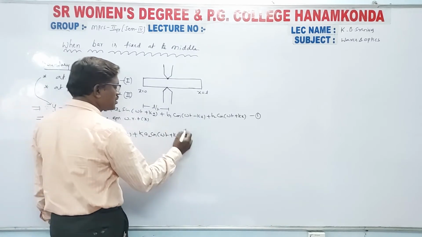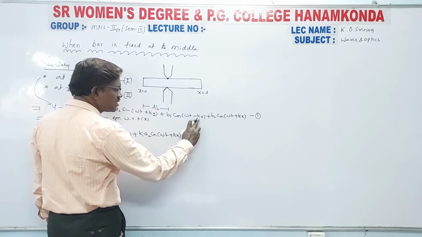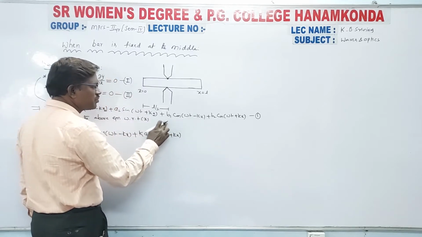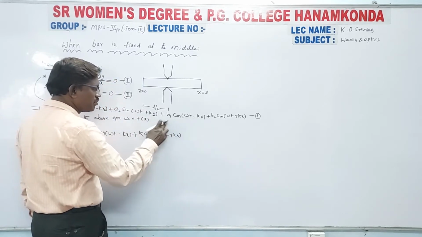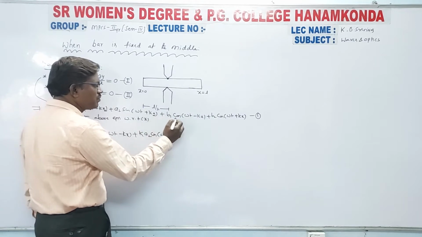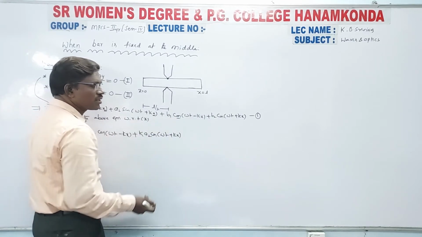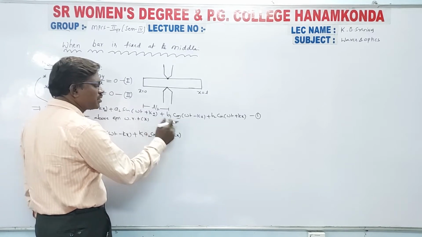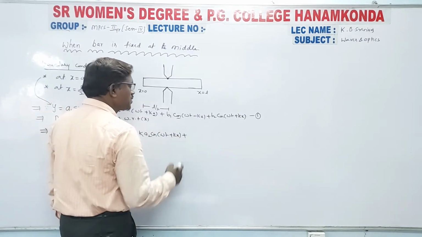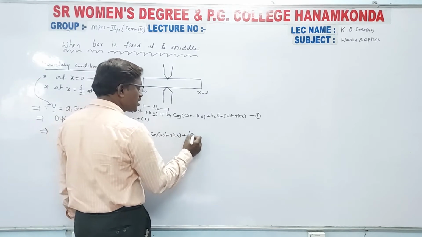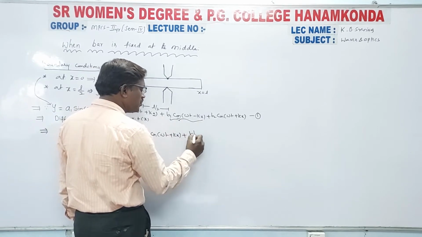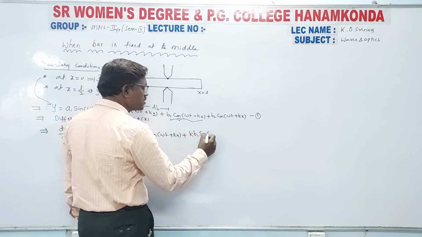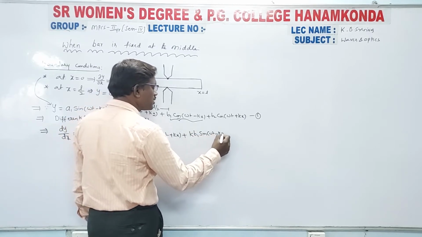Coming to the third term, what is the differentiation of this term? Minus k comes before the equation, minus into plus becomes minus, but the differentiation of cos gives a minus sign, so minus and minus becomes plus. So we get k b1 sin(omega t minus kx).